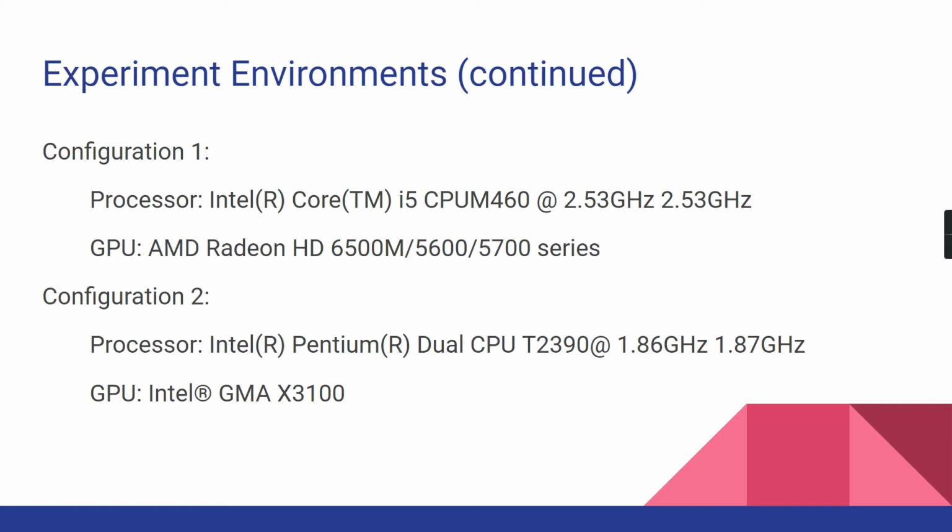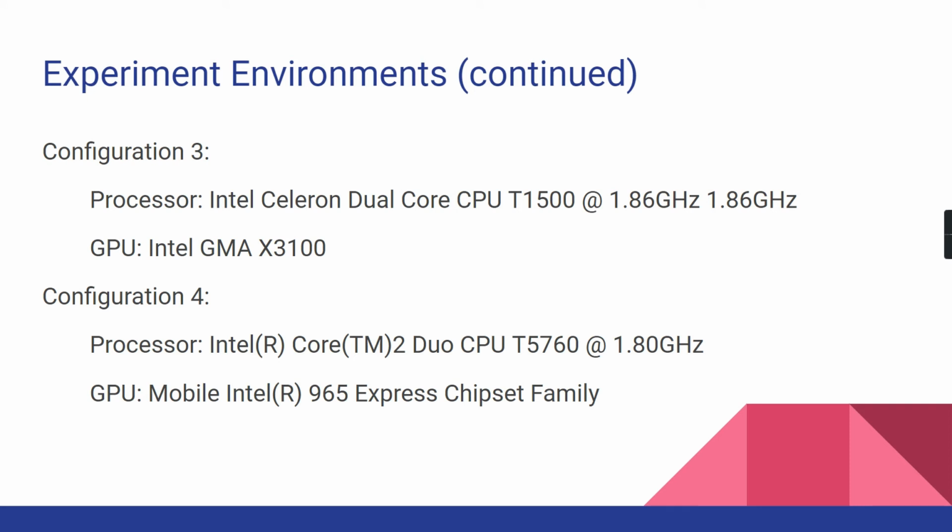This is a little bit of ambiguity in there. Configuration 2, however, used the Intel Pentium dual-core CPU, clocked at 1.6 gigahertz, and it also used an Intel GMA X3100 as the GPU. This is a standard GPU used in a lot of older laptops.